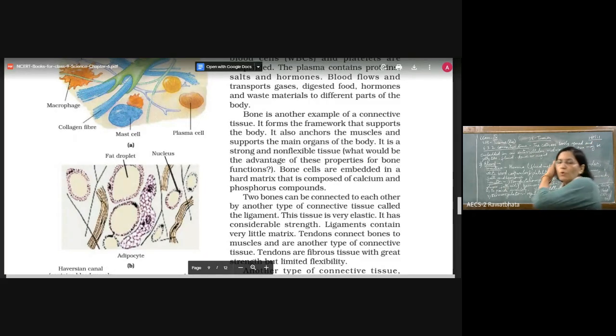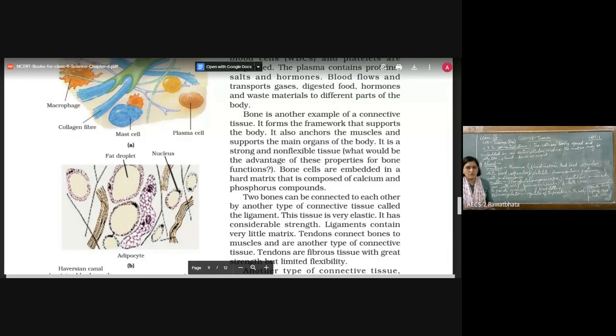In bones also, because bone is a connective tissue, the cells will be far away from each other, and the matrix is filled. Here the matrix is cement-like, and the compound is actually made up of calcium and phosphorus.